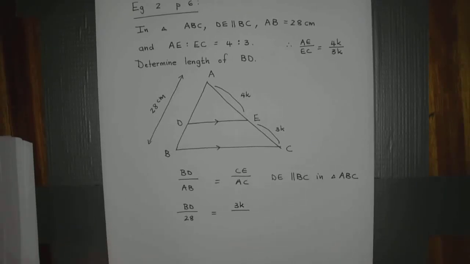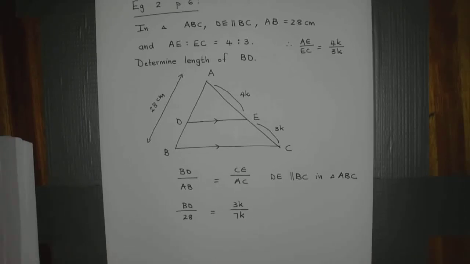And what is AC equal to? 7K, absolutely. The moment you write the 4K and the 3K down, you can totally add them together and you can say it's equal to 7K. And now we can divide those K's away. So now you can actually go and say, oh, the common multiple K and the common multiple K divides away, so I don't have to worry about it. You understand?